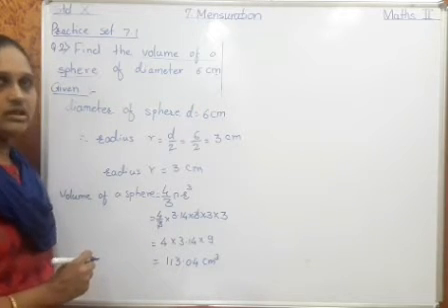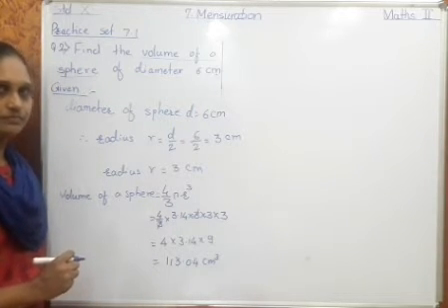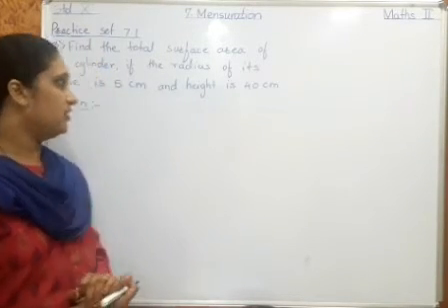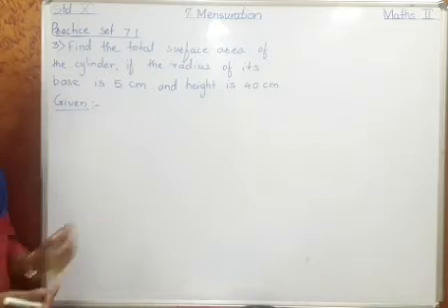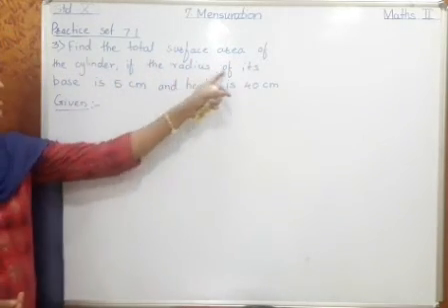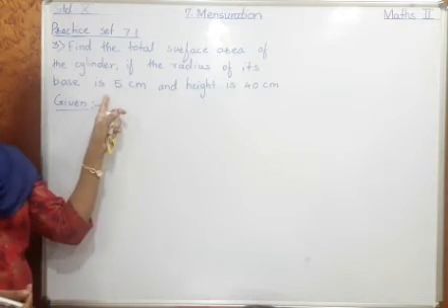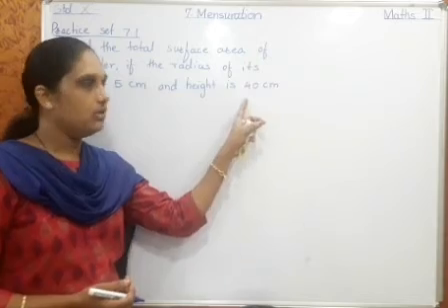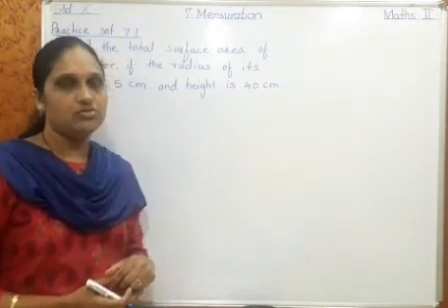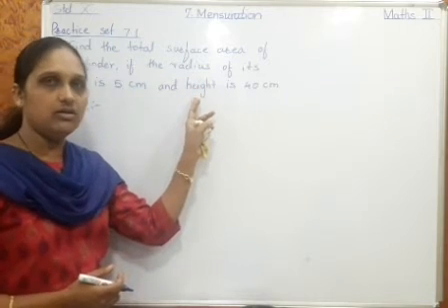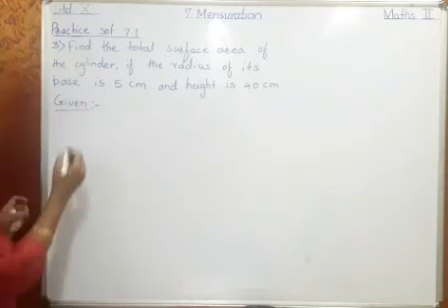Now students, let's see the third sum. Find the total surface area of the cylinder if the radius of its base is 5 centimeter and height is 40 centimeter. In this sum, two things are given, radius and height, so we'll write that first.